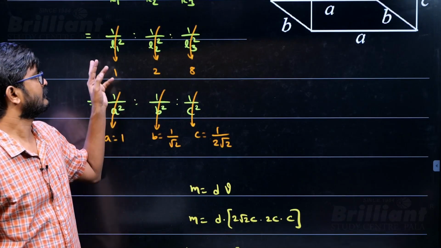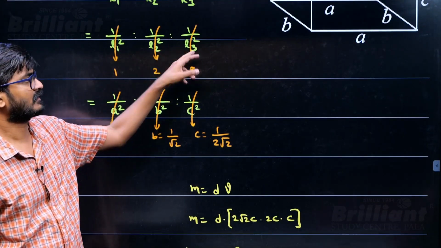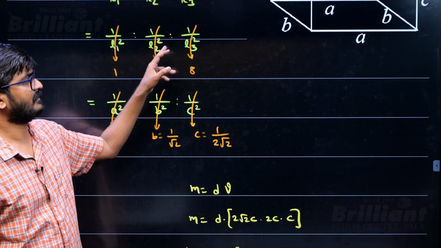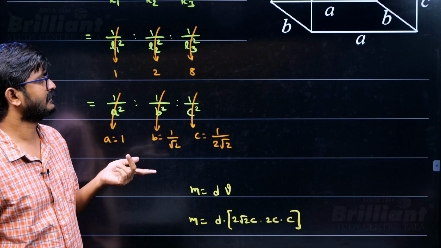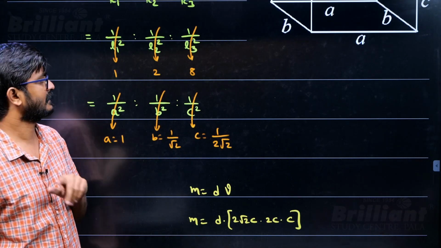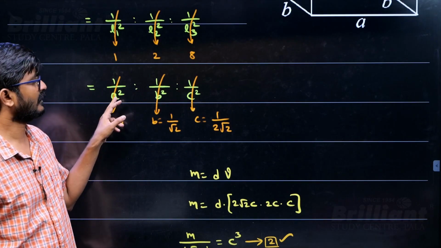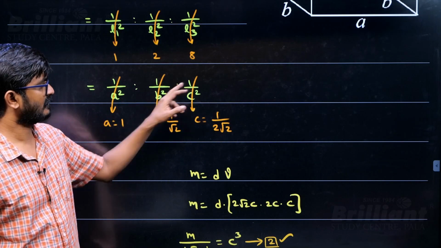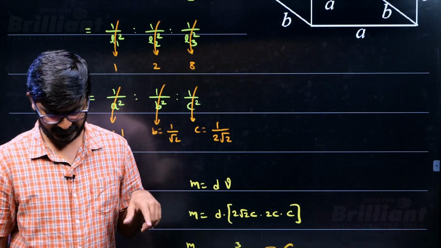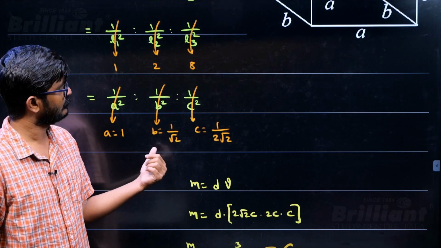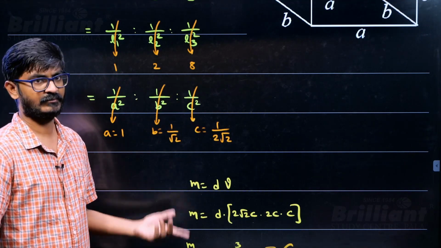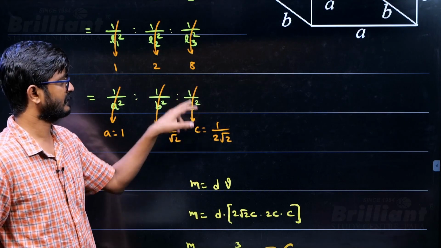Now this has to be 1 by a squared, 1 by b squared, 1 by c squared, or the reverse order. But the given information is a is greater than b is greater than c. Since c is less, 1 by c squared will be more.